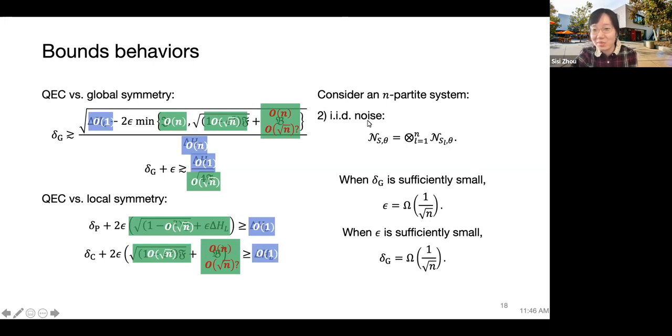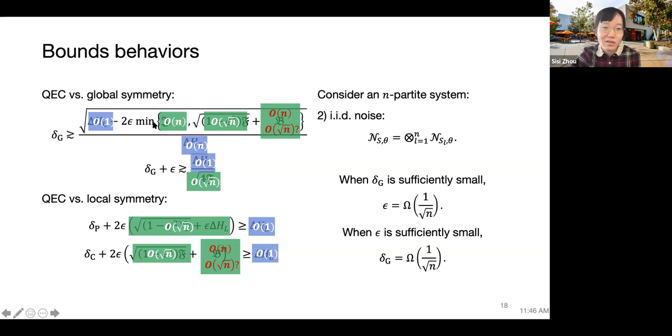ID noise is actually stronger than the random local noise, because if you just expand this whole thing using a Taylor series or something, you can see that it's not like local noise anymore. I haven't talked about other types of noise, but if the noise is even stronger than the independent noise, the behavior of the second bound is going to outperform the behavior of the first bound.